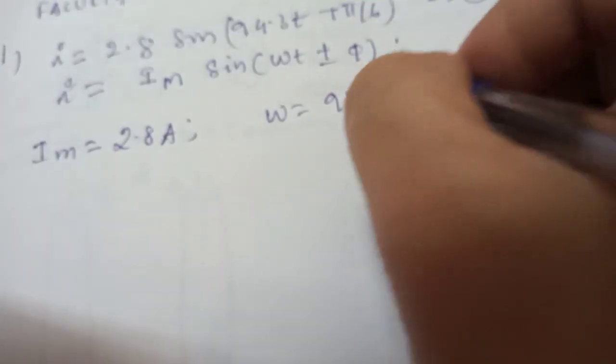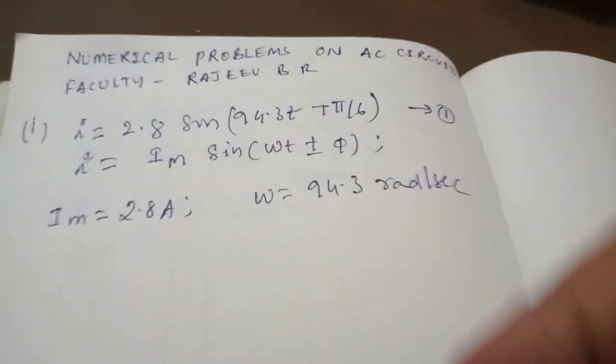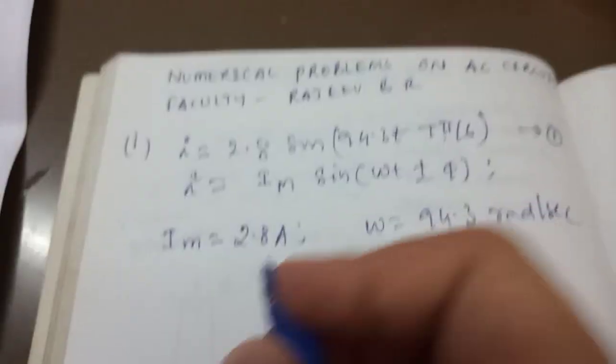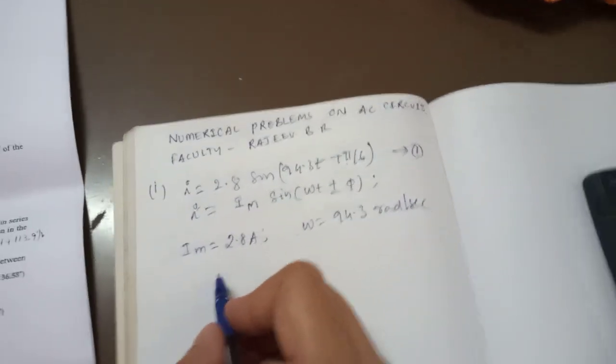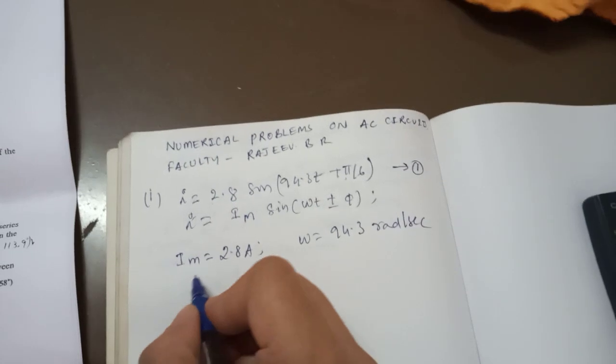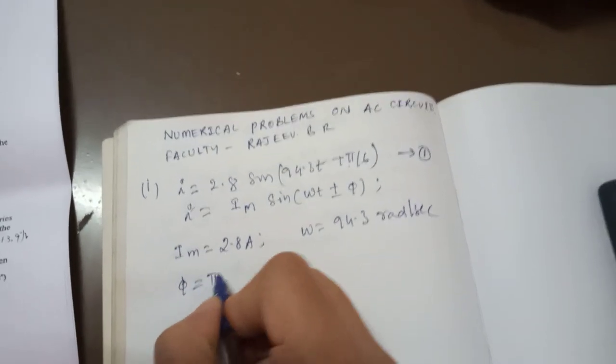So what is Im now? Im is equal to 2.8 amps. What is omega? 94.3 radian per second. This is what you can learn from here. And also the current angle with respect to reference, phi, is equal to pi by 6.